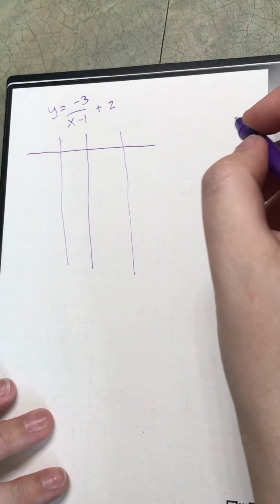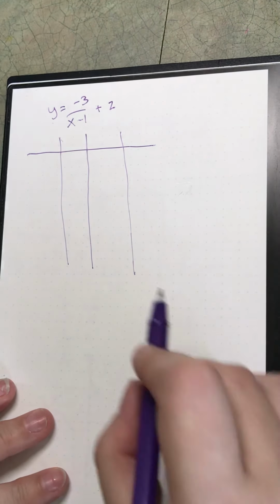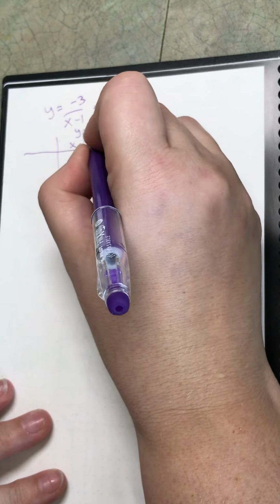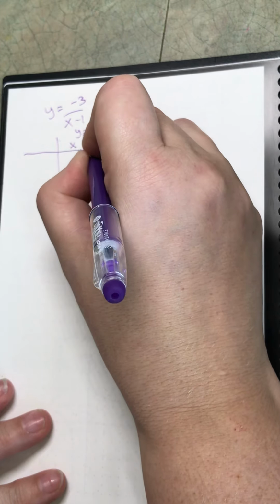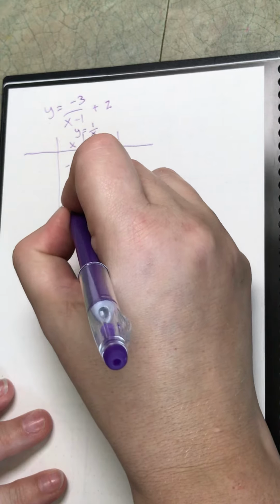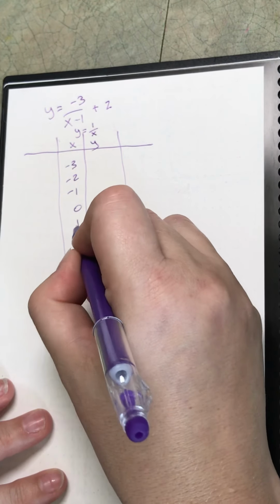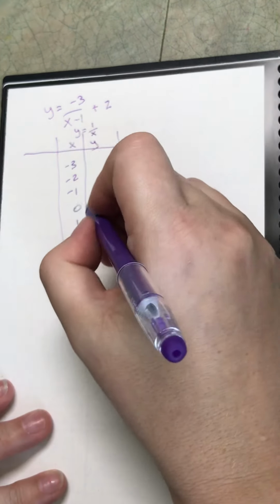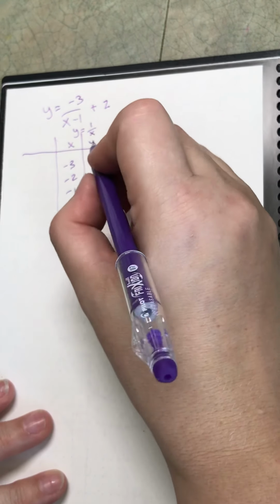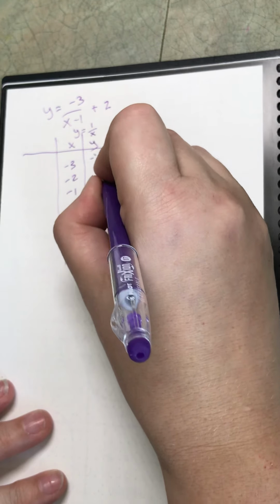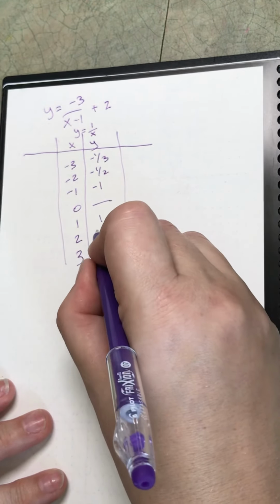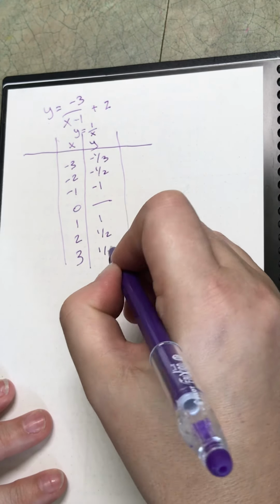So if I have my x and y of my parent function, which was y equals 1 over x, and I go negative 3, negative 2, negative 1, 0, 1, 2, 3, then I can go negative 1/3, negative 1/2, negative 1, 1, 1/2, 1/3.